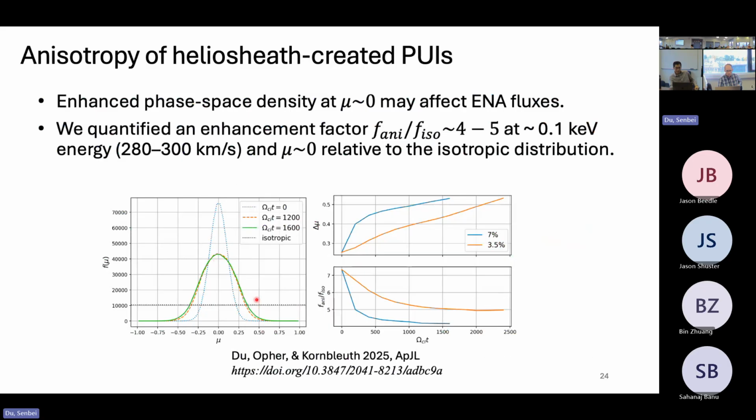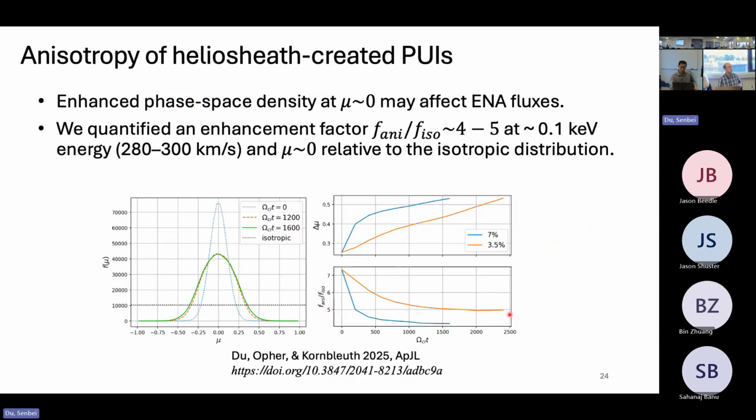And we can estimate about a factor of 4 to 5 enhancement relative to the isotropic distribution. And we also see that it's basically saturating after some time in the simulation, so it's not dropping below that. And so that could have an effect on the ENAs.